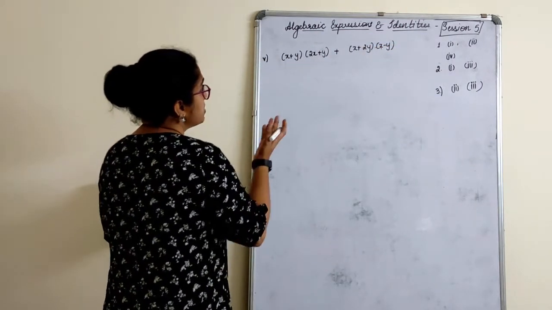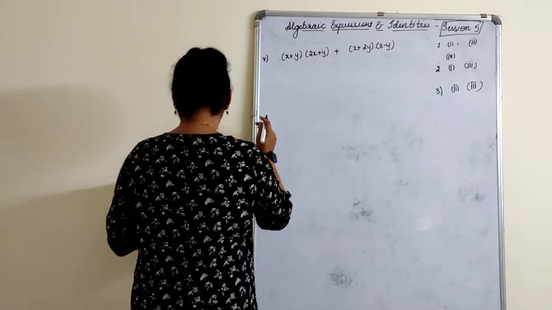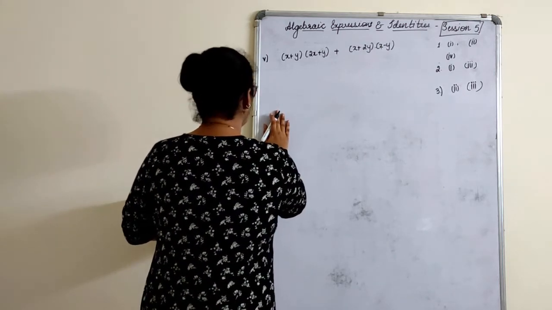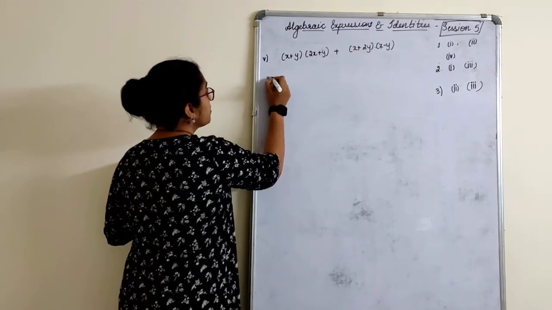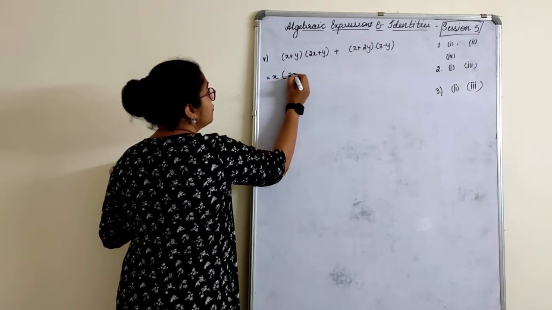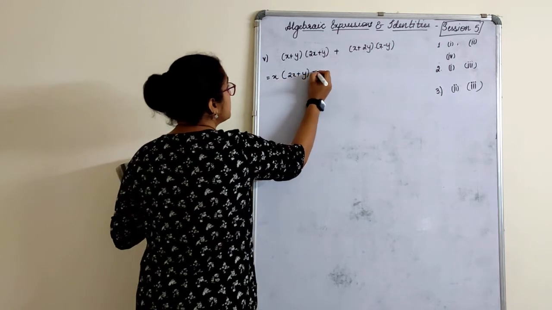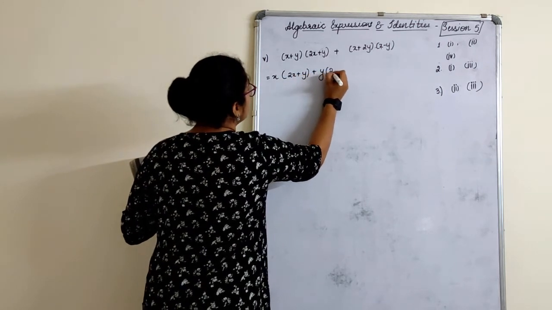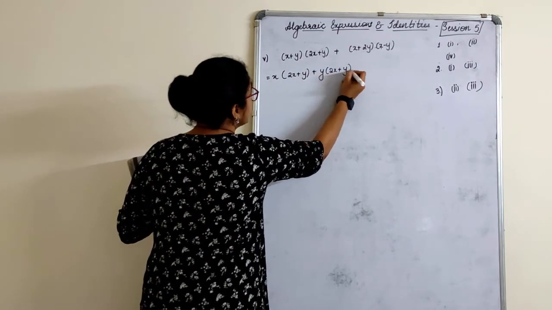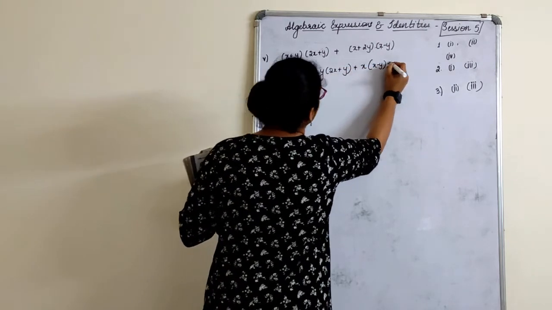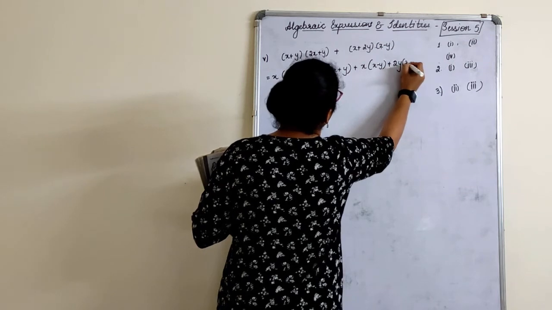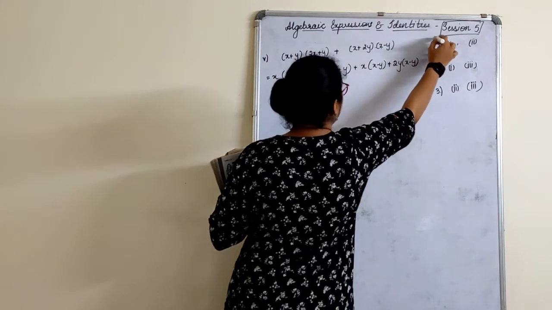So again we do the same thing. In between we have addition. We'll check the sum. x plus y, 2x plus y plus x plus 2y, x minus y. Take x of 2x plus y plus y of 2x plus y plus x of x minus y plus 2y of x minus y.